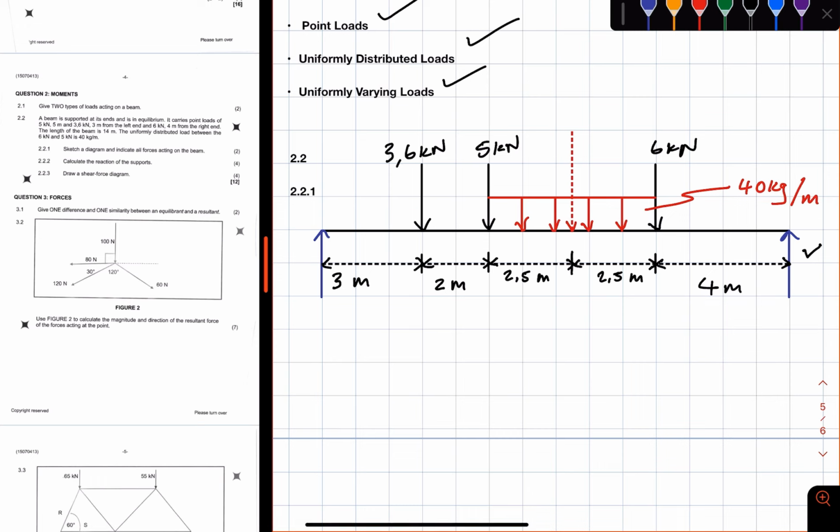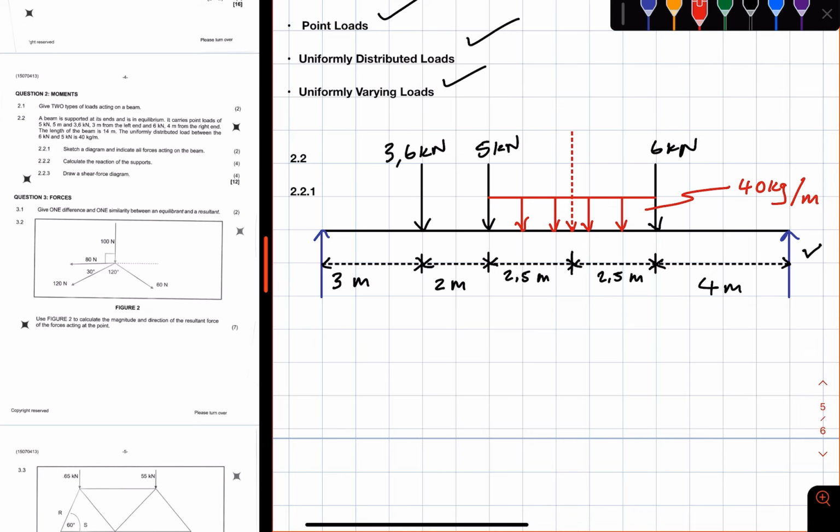Right. Now, whenever we've been given a UDL, right, we resolve the magnitude of the UDL into its weight, right? So they've given us 40 kgs per meter, and we have to resolve that into a magnitude that resembles the weight of the beam, right? Meaning the UDL has to be in newtons, right?